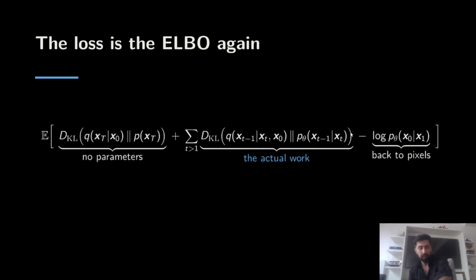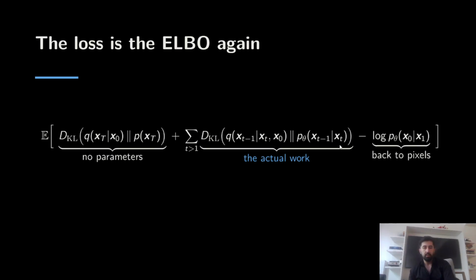The last one is the log likelihood of x0 knowing x1, and because x1 and x0 are just consecutive, they are basically the same, so their log is very close to zero, so we don't use it in our gradient descent loss function. Same for the first one, because it has no parameters. As you can see, it depends on xt, so it's fixed.